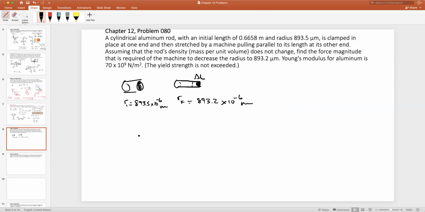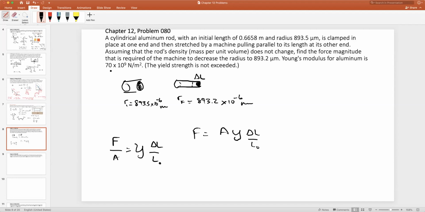We're asked to find the magnitude of the force required to do this. And we know that F over A is Young's modulus times the change in length over the original length. So what we want is F is A times Young's modulus times delta L over L naught. And we're given Young's modulus as 70 times 10 to the 9 newtons per meter squared.